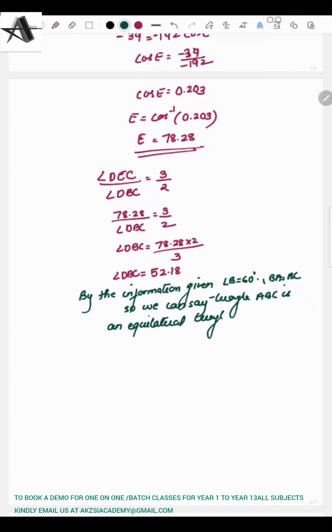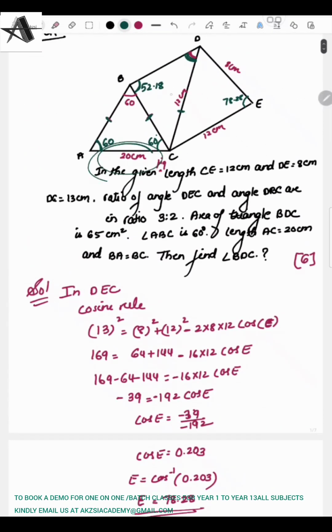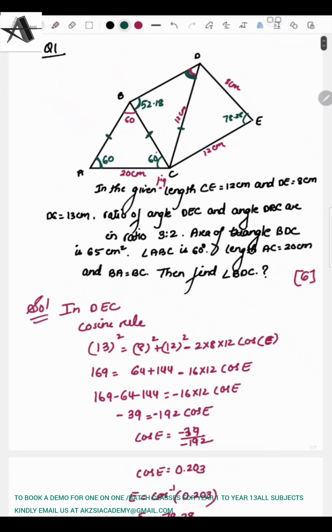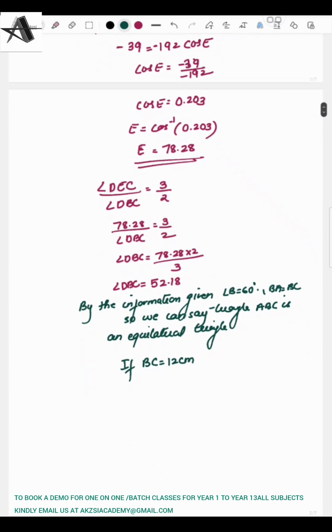If this is an equilateral triangle, that means the side that we needed is equal to AC. AC is given as 20, so if AC is 20, therefore BC will also be 20 centimeters.